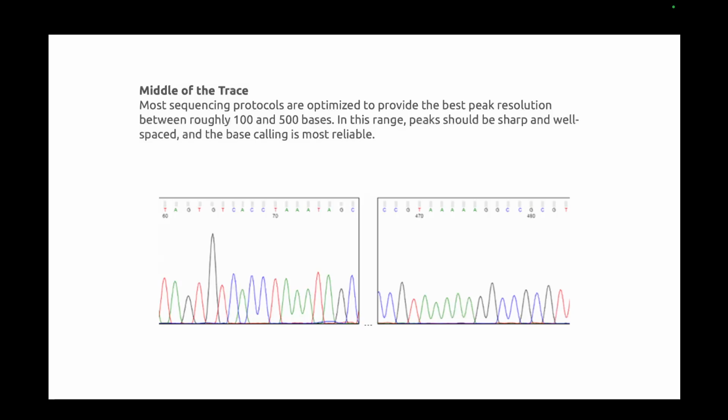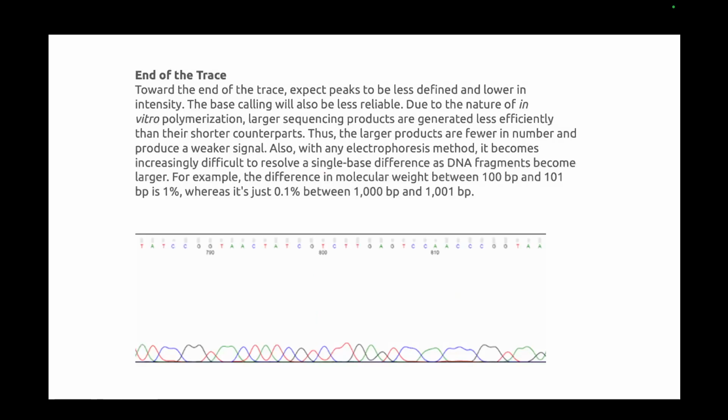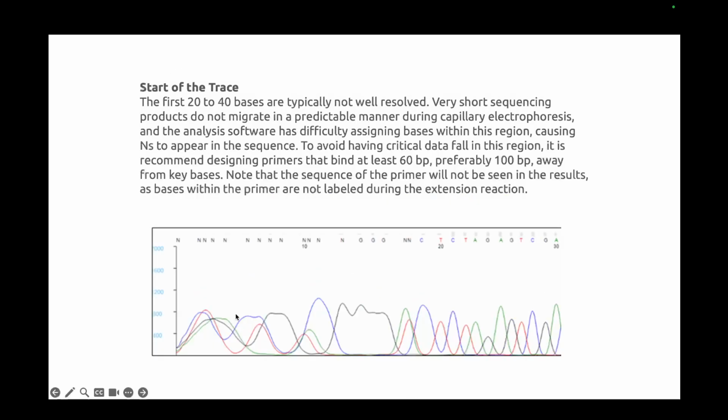Now, in the middle, most sequencing protocols are optimized to provide the best peak resolution, roughly between 100 and 500 base pairs. In this range, the peaks should be sharp and well spaced. The base calling is most reliable. You see how good the peaks are at each one. If there is a peak of green, there is no other color to be seen. All are almost zero. But if you see here, all of them are at once.